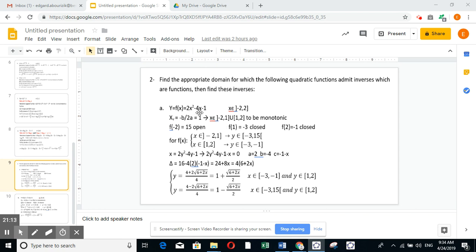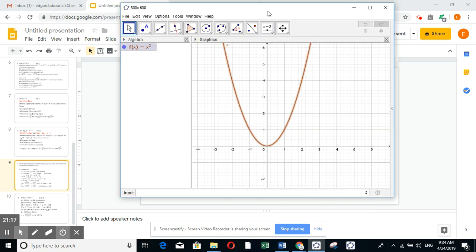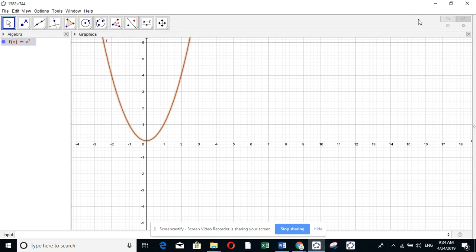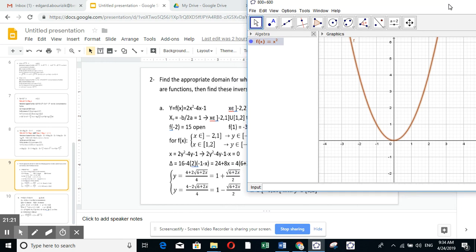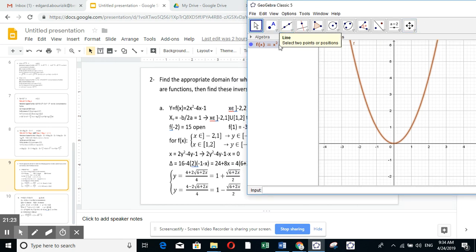So I have an equation of second degree, with a domain from minus 2 till 2. Let me first do it on GeoGebra to understand well what I mean. Here the first one is 2x squared minus 4x minus 1.